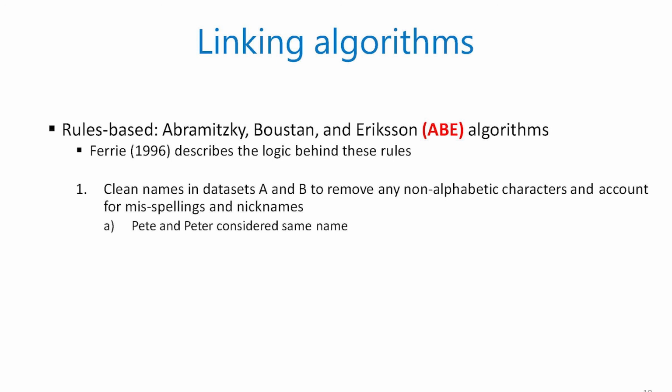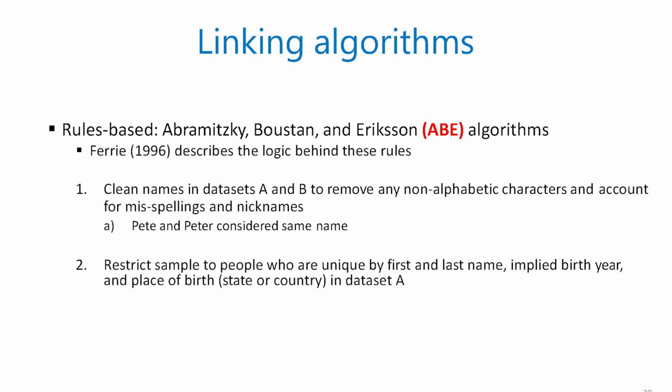Pete becomes Peter in these types of algorithms, right? And then we restrict the sample to those who are unique by their first and last name, their implied year of birth given their age, and their place of birth, which is either state or country in the first data set. And the reasoning behind that is because if there are multiple people with the same name, age, and place of birth, we're not going to know who to necessarily match to over time, right?